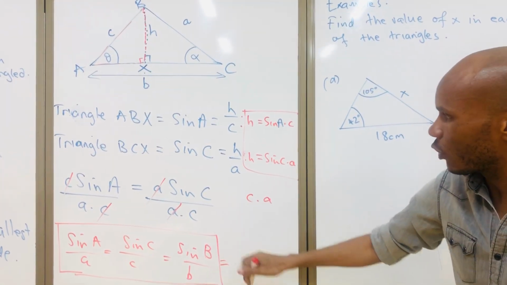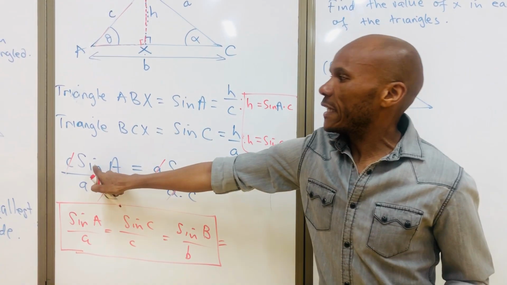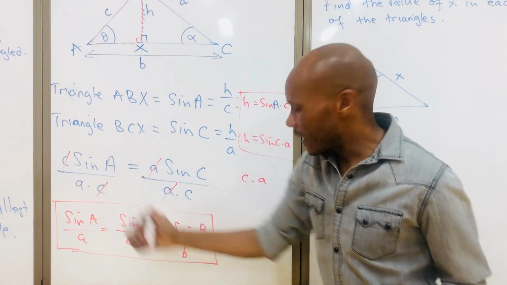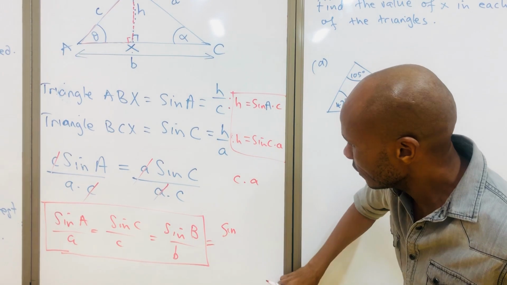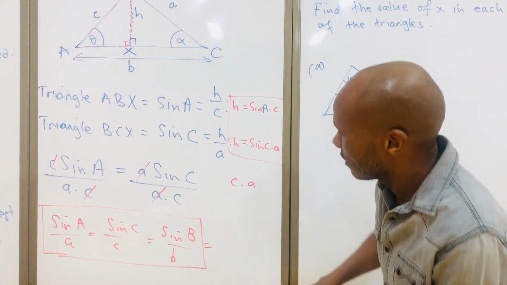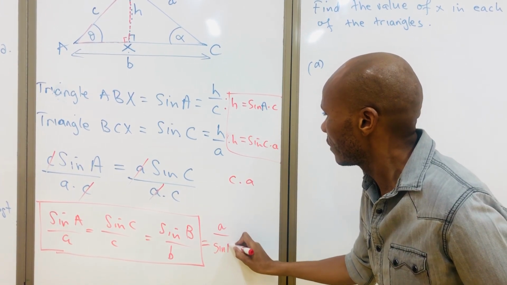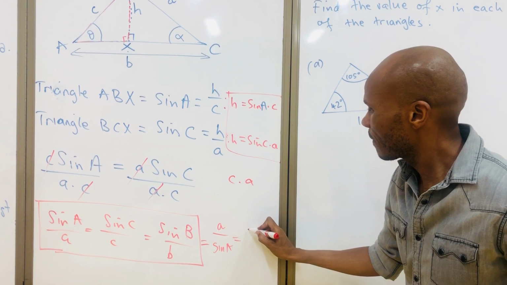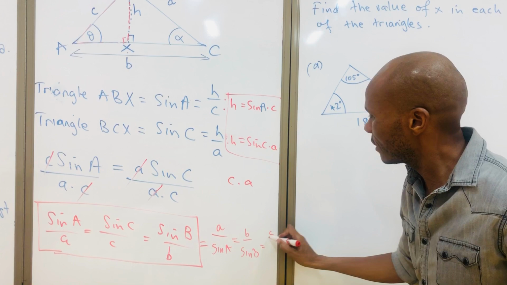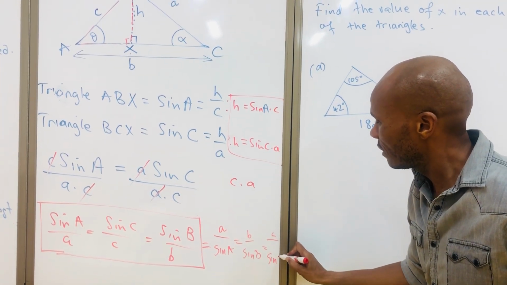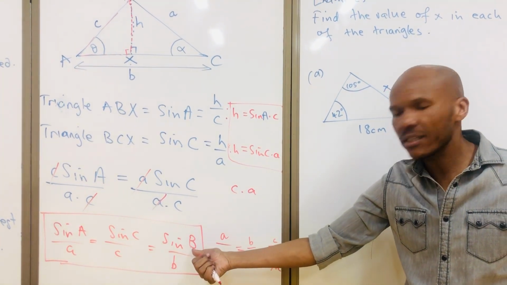It's also the same as a over sine A, b over sine B, c over sine C. So if you are looking for an angle, make sure that your angle is on top.